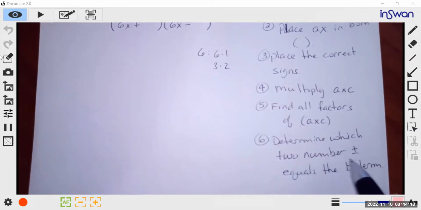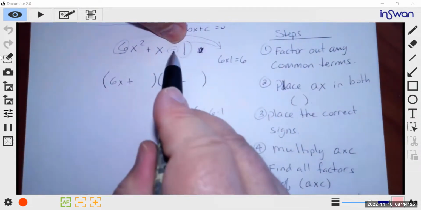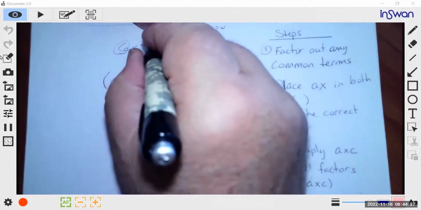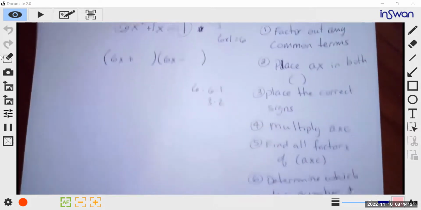Determine which two numbers from this factor list equal the middle. So since that's a minus, what two numbers subtract to give you 1? 3 times 2.